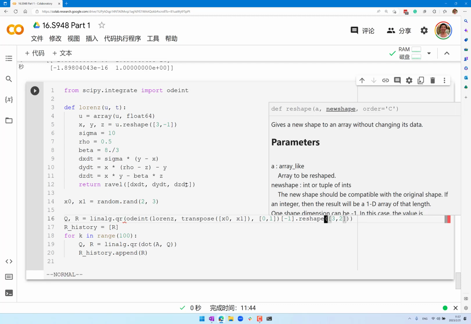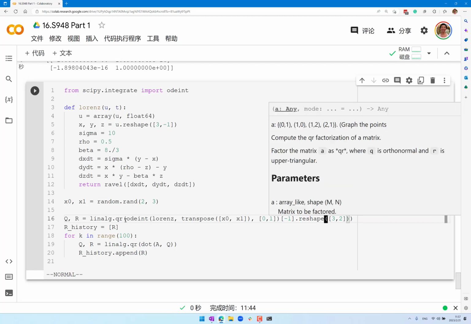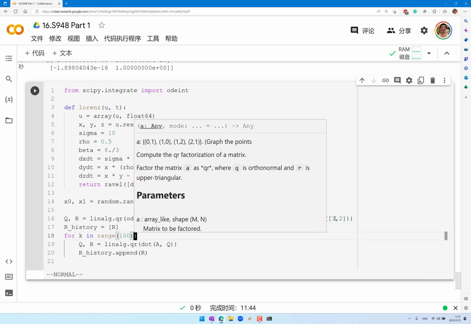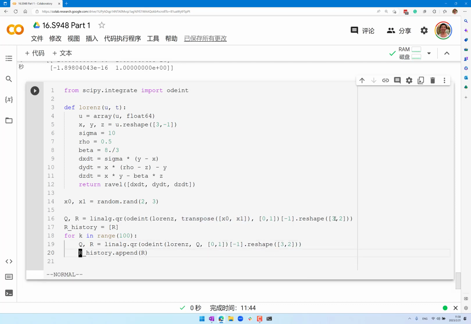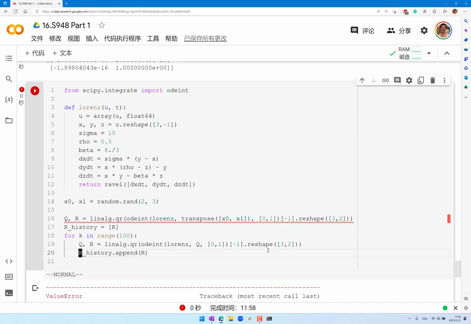We are doing QR factorization on the 3 by 2 matrix, so that's correct. We are also going to copy this here, except the initial condition doesn't have to be the transpose of x0 and x1, it'll be just the Q. That's our initial condition.